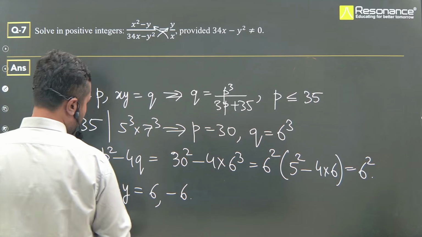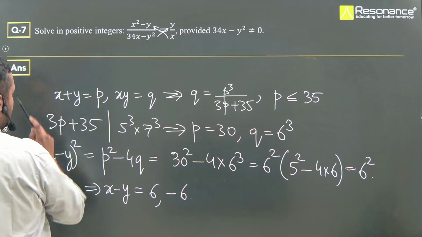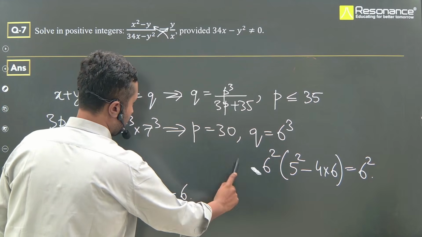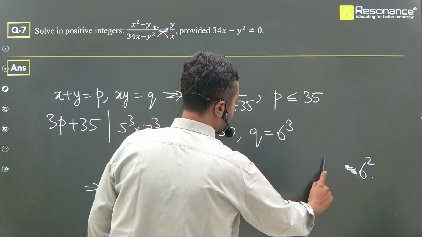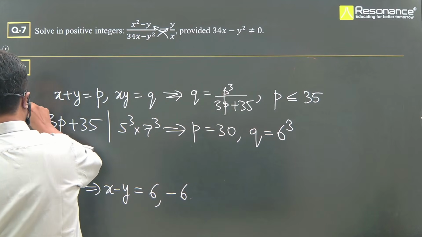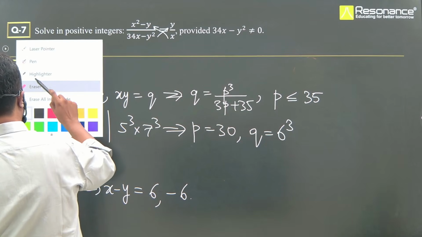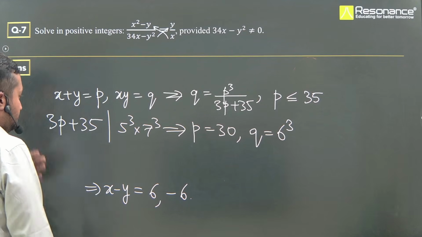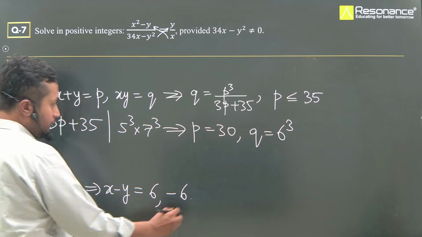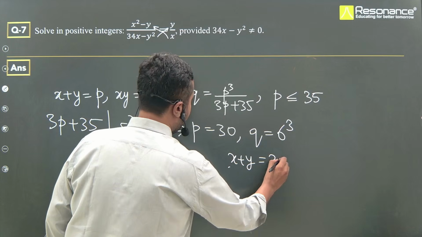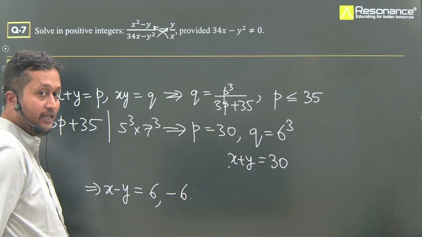Right? So I guess we can remove this one now. By the way, now you really have everything, right? X plus y is 30 because that's P and P is 30.